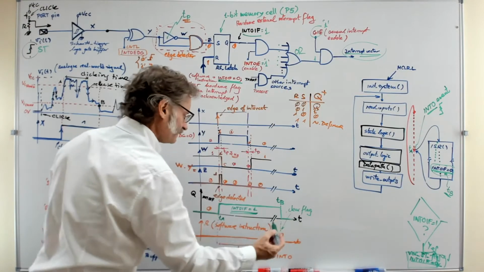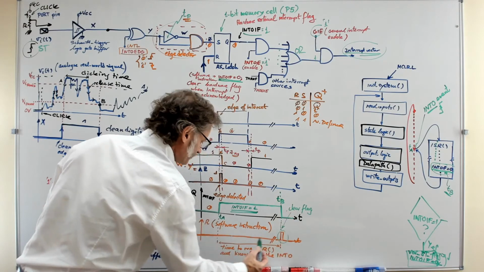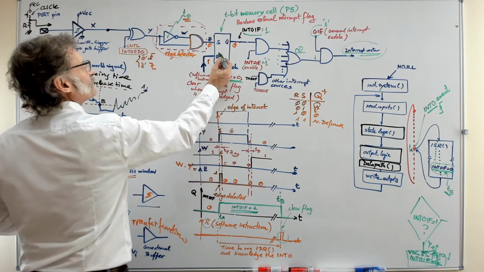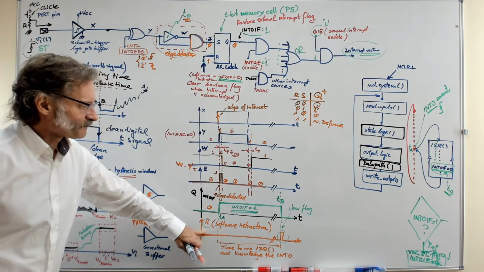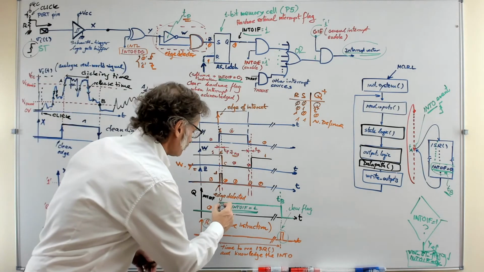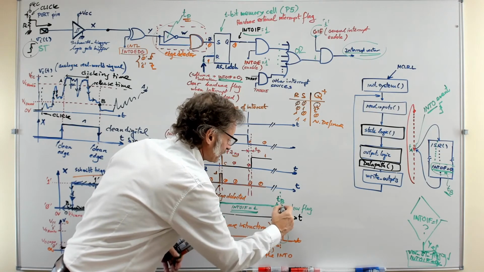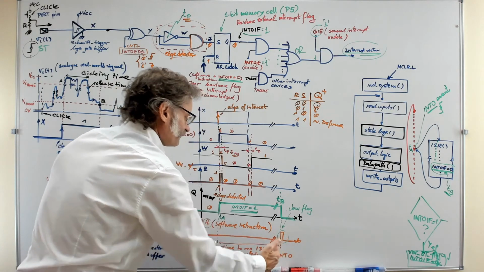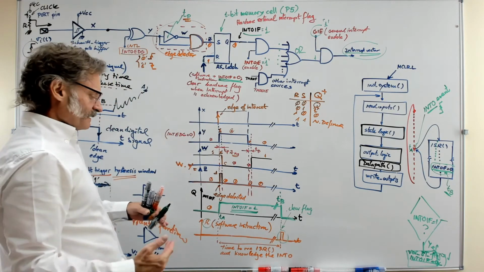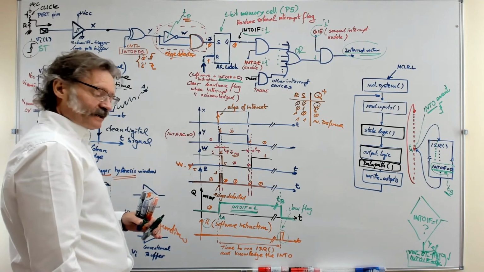Doing that at the time TB means that the reset signal is driven so that the flag is finally cleared. So this is the time that you have had with the interrupt detected.